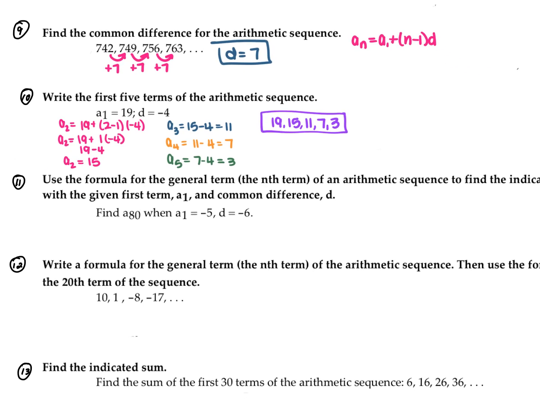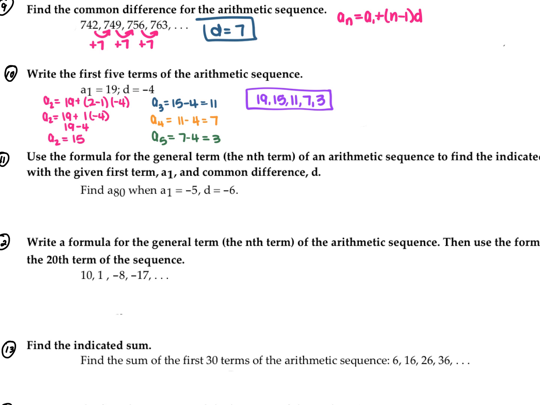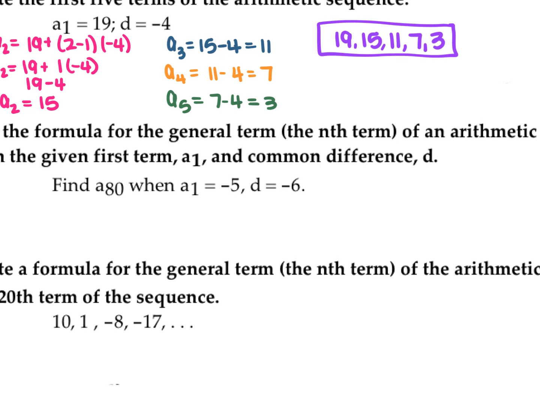For number 11, it tells you to use the formula for the general term or the nth term of the arithmetic sequence to find the indicated term of the sequence with the given first term a sub 1 and the common difference d. So you're finding the 80th term when your first term is -5 and d is -6. Use the formula that a sub n is equal to a sub 1 plus n minus 1 times d.